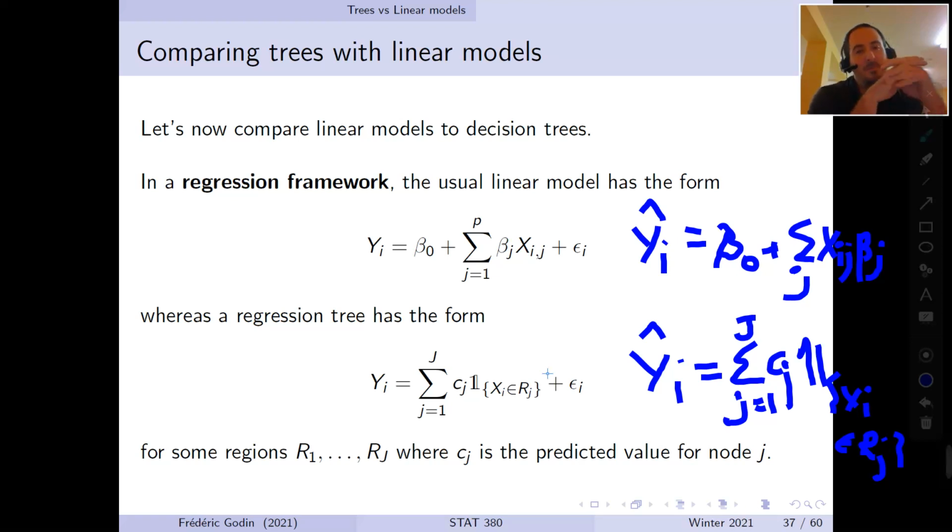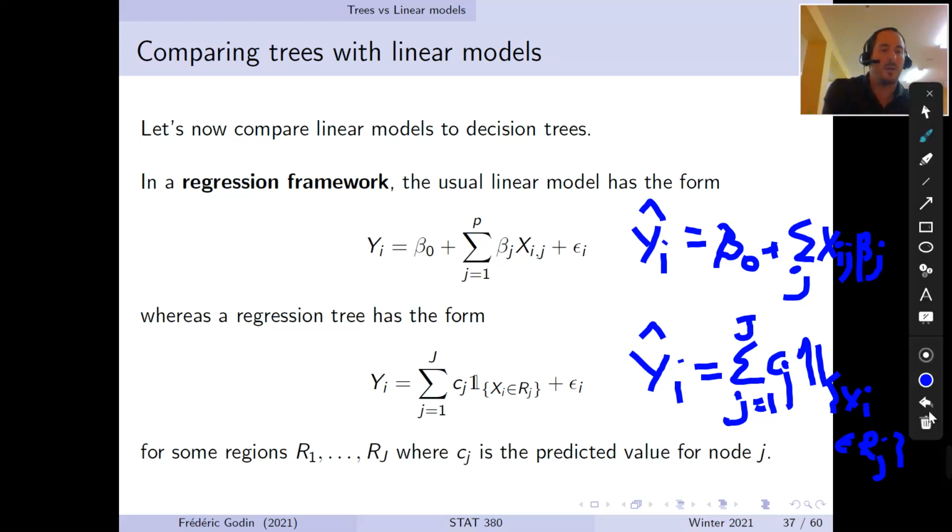So there's a parallel between linear regression frameworks and regression trees, where regression trees can be seen as a linear model with a transformation of the original predictors based on indicator variables of whether the predictors fall into specific subregions.